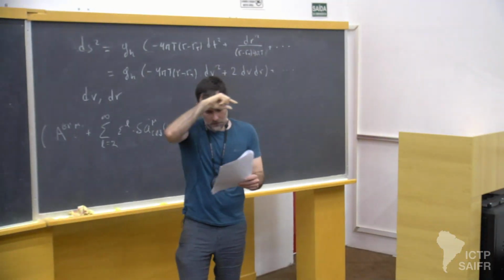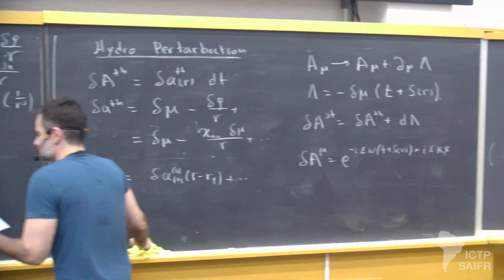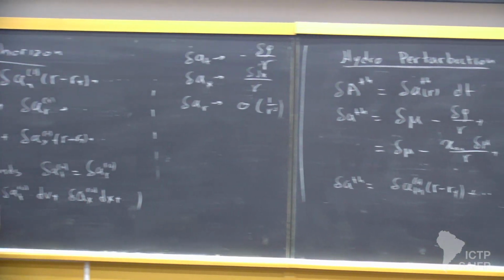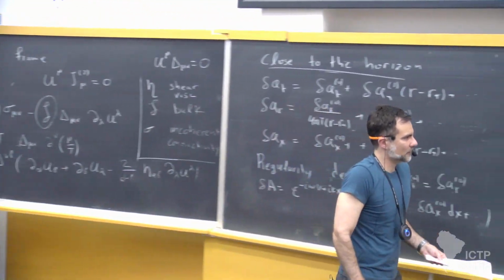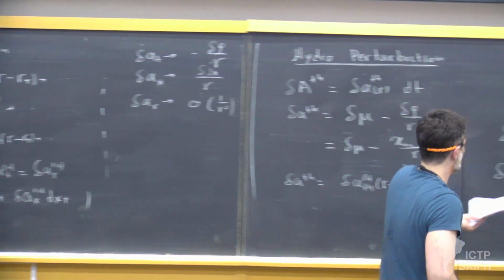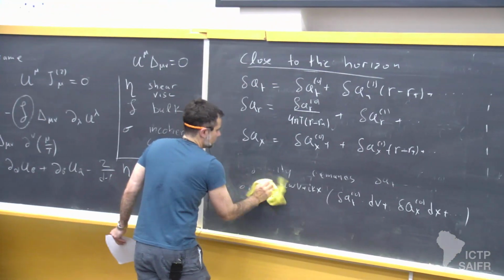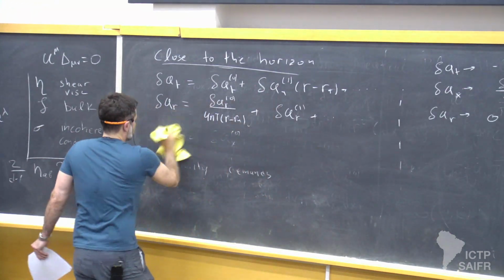Now, you can start doing this perturbatively. I want to skip most of the details, or maybe all the details. But at the end of the day, what you will discover is that the current that you read off from the boundary has a very specific form.